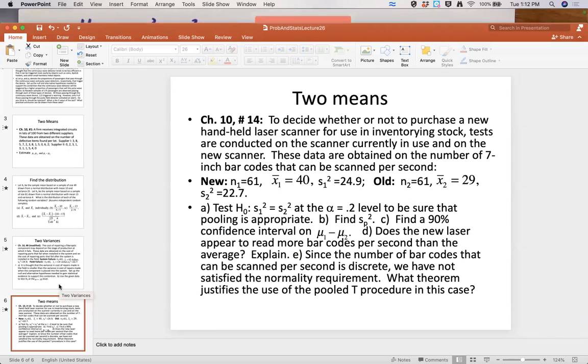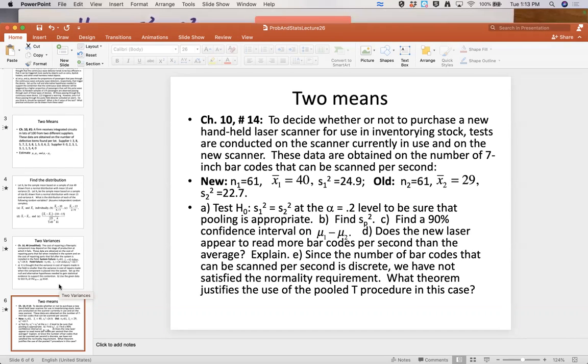The first part of the problem says to do the same test that we just did in the previous problem. Test the null hypothesis that S1 squared equals S2 squared, but now at the 0.2 level, to be sure that pooling is appropriate, to compute a pooled variance. Notice part B, S sub P squared. The P stands for pooled, not proportions. In part A, notice the alpha is different.